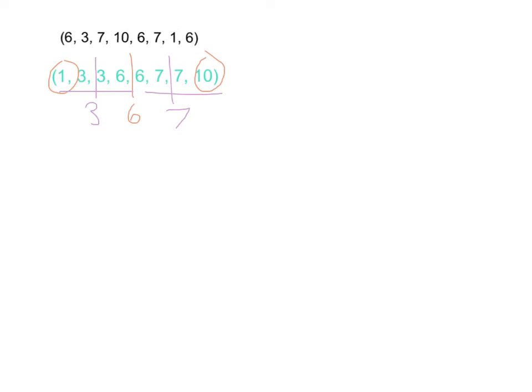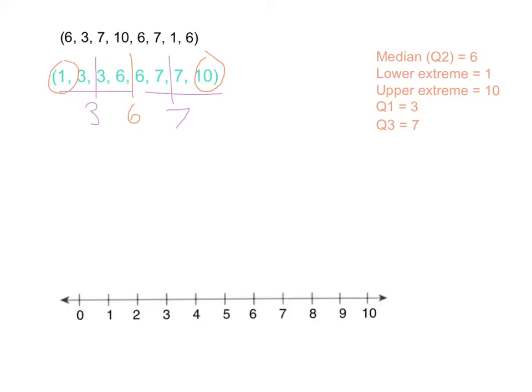So our median, Q2, is 6, lower extreme is 1, upper extreme is 10, Q1 equals 3, and Q3 equals 7. Now we need to mark our 5 values on our number line.